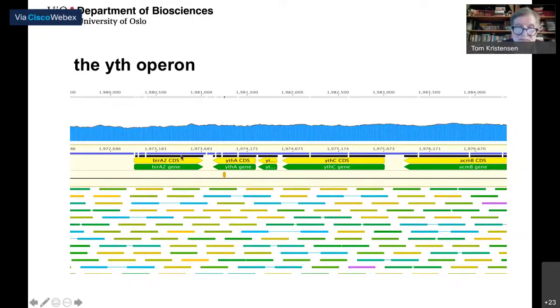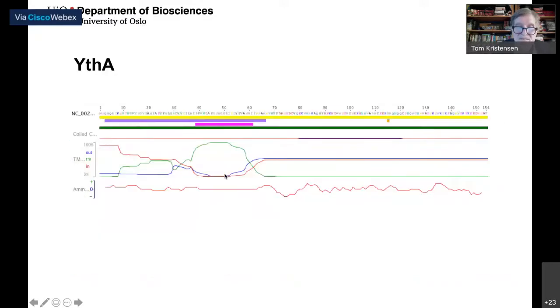So this is the operon of this YTHA gene, and this is the position of the mutation. And the consequence of the mutation is the loss of this C-terminal part of the protein, which we are not really sure whether it's inside or outside the cell.